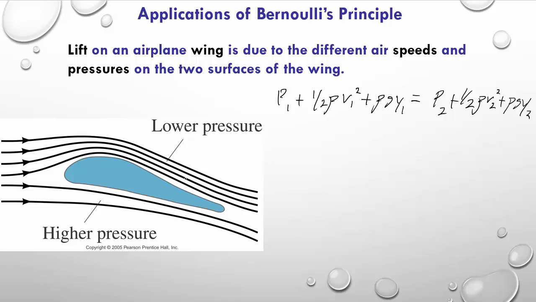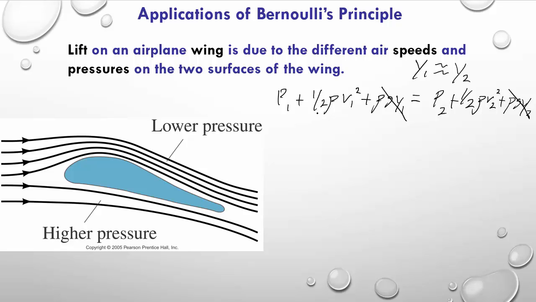Alright, so if we are going to look at the difference in the pressure on the top and the bottom of that wing, we're going to say that the height difference between the top and the bottom of the wing is insignificant. So y1 is pretty dang close to y2, which means that these two guys go away.